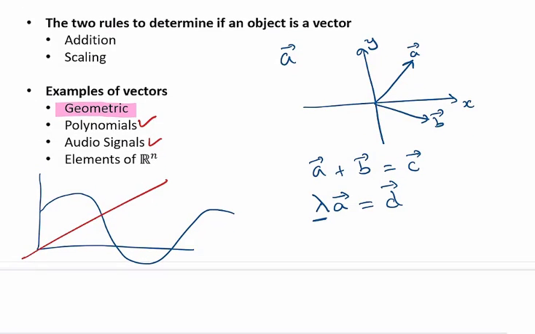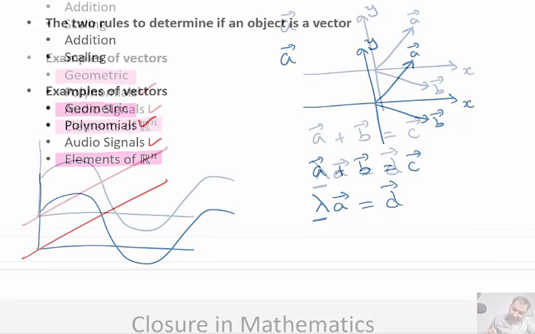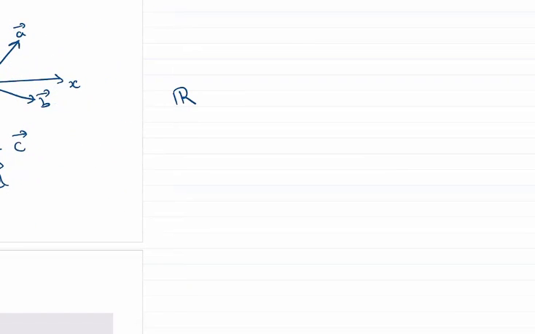Now, the one that is most relevant to this course, and the one that we'll talk more about as we proceed, is elements of Rn. So what do I mean by Rn? Rn means an ordered set of numbers in n dimensions. If you have R2, that just means a tuple of two numbers, so let's call this A1, A2. If we have R3, that refers to A1, A2, A3.